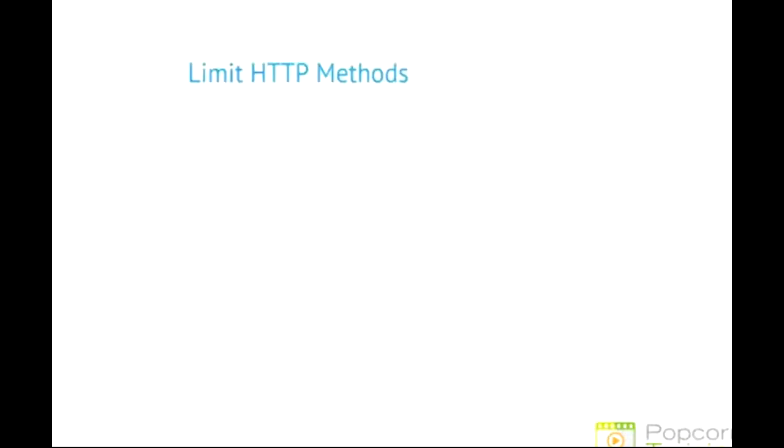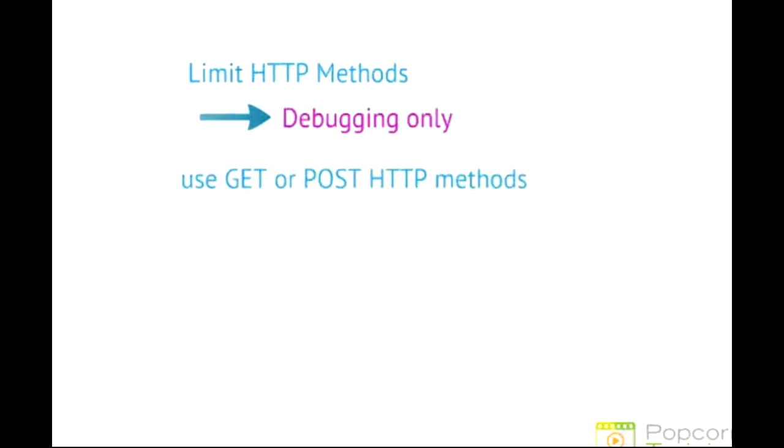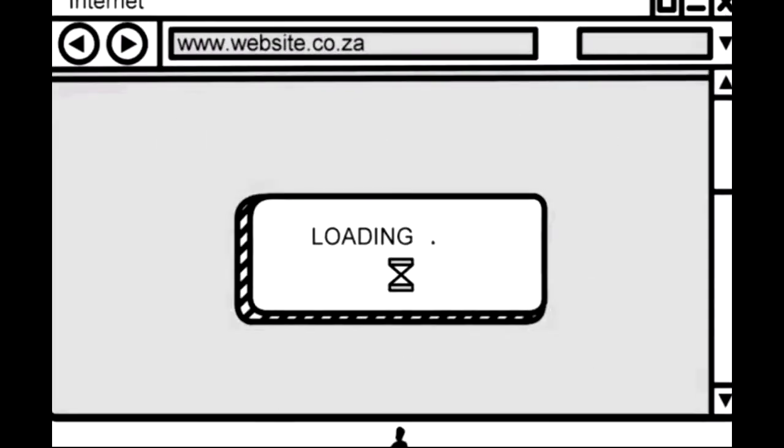It's best practice to limit the use of HTTP methods to debugging and not let them be used by the application. All requests should take parameters from either the GET or POST HTTP methods. The request method must never be used. When the request does not perform an action, it should utilize the GET method, for example, downloading a web page.